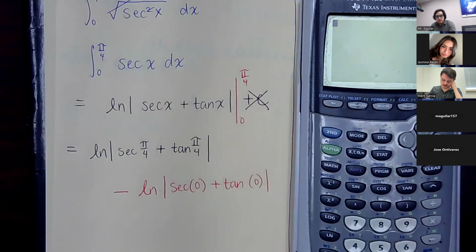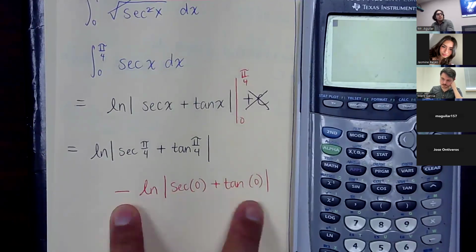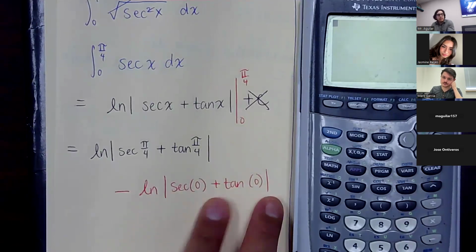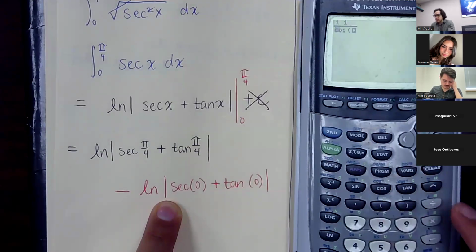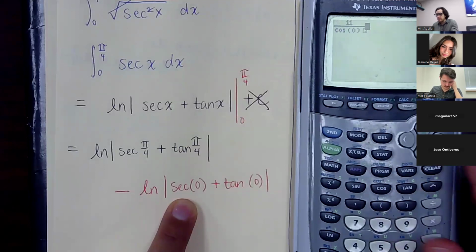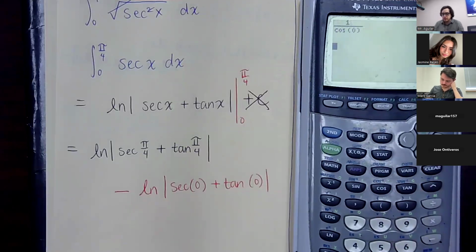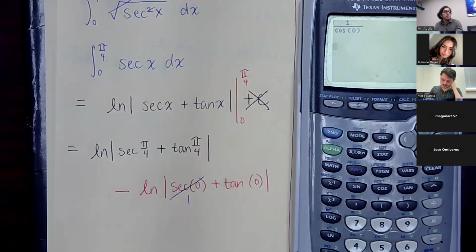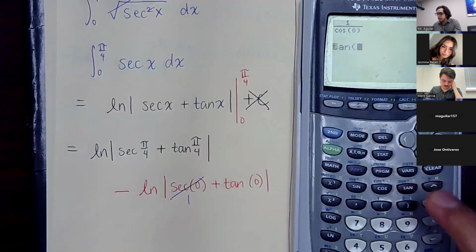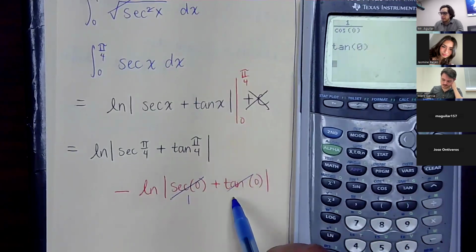You guys ready? I always like to take care of this subtraction one first, so I'm just going to work this backwards. Secant is 1 over cosine, so I'm going to put cosine 0 in my denominator. So this is going to be a 1 there. Tangent of 0 is 0.